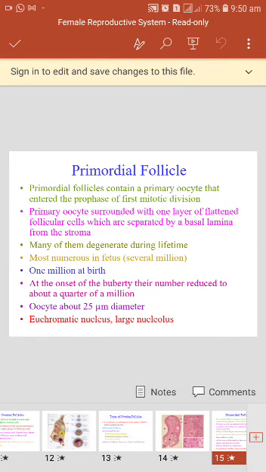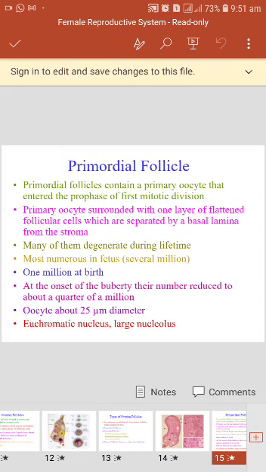Firstly, the primordial follicle. The primordial follicles contain a primary oocyte that has entered the prophase of the first meiotic division. The primary oocyte is surrounded by one layer of flattened follicular cells, which are separated by a basal lamina from the stroma.